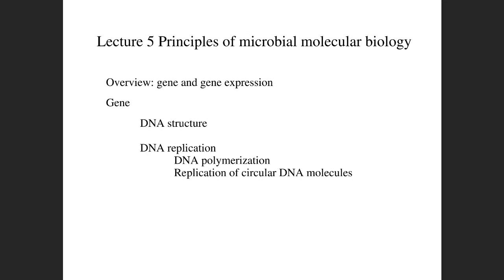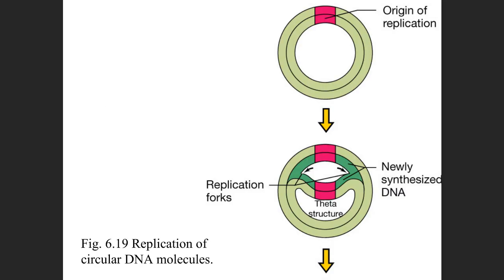Okay. So once you understand the DNA polymerase reaction, then you can look at how a circular DNA molecule is replicated. So we're looking at a circular DNA molecule, and the first important concept is that it starts from a particular part.